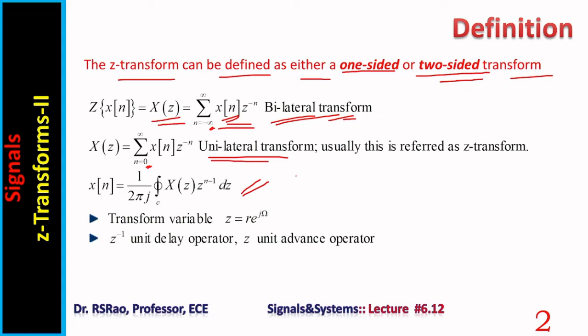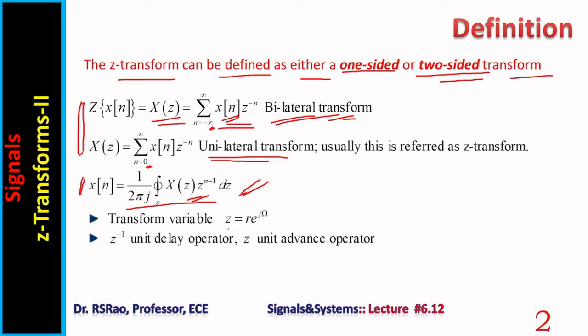The original sequence x of n can be determined from the transform x of z using the relation x of n is equal to 1 by 2 pi j, closed line integral x of z, z power n minus 1 dz. So the first two are to obtain the Z transform. The third one is to obtain the original sequence from which transforms are obtained.